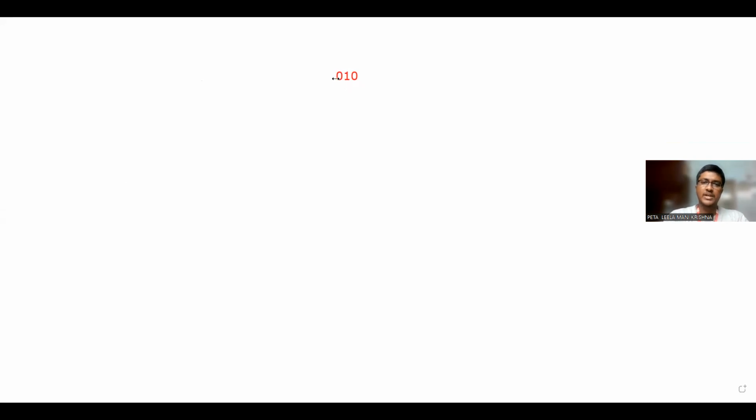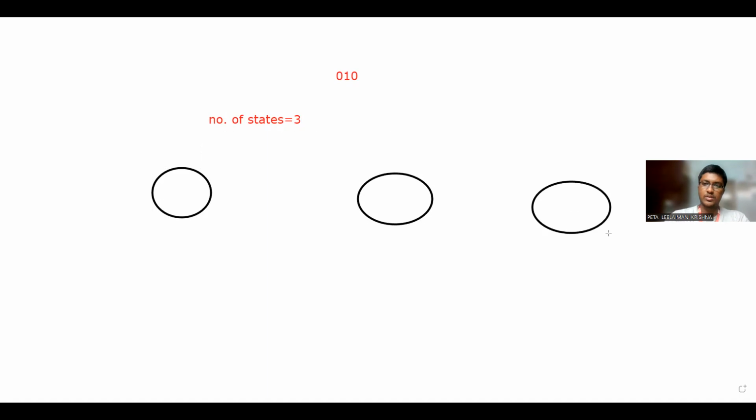So here number of bits are 3. So the number of states is equal to 3. Now I'm taking three states and I'm drawing those.